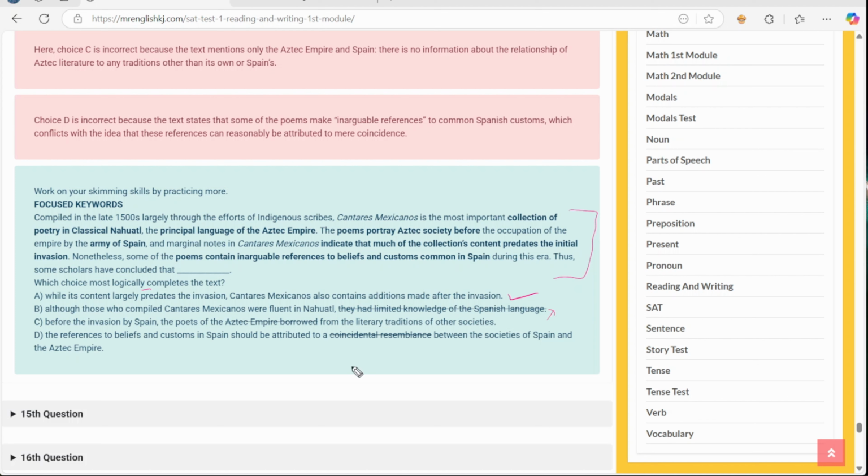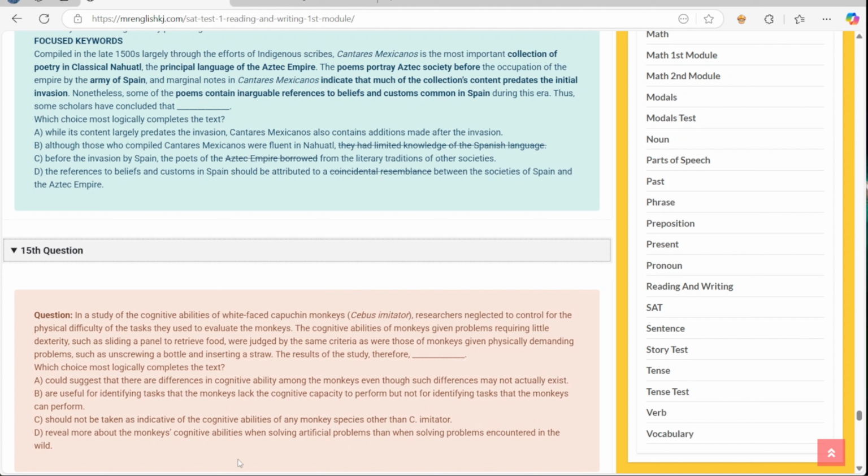Wrong. Before the invasion by Spain, poets of the Aztec Empire borrowed from the literary tradition of other societies. It is also not saying they borrowed from other societies, because it's not written there. The reference to belief and custom in Spain should be attributed to coincidence. Again, it's not coincidental, because they invaded and then spread their culture. We found the most suitable one, option A.